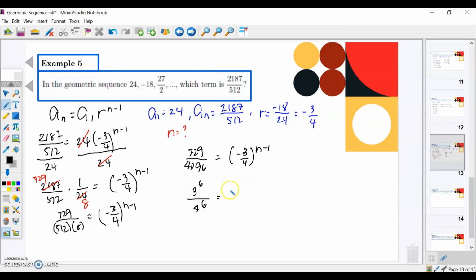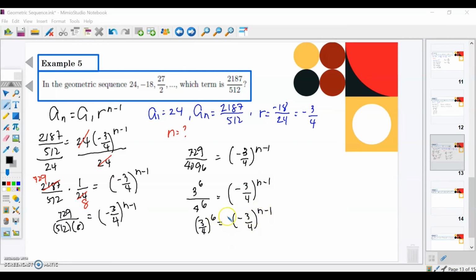And take note that this is equal to negative 3/4 raised to n minus 1. Now, we can simplify this using the property of exponents. So, this is just equal to 3/4 quantity raised to 6. And this is equal to negative 3/4 raised to n minus 1.